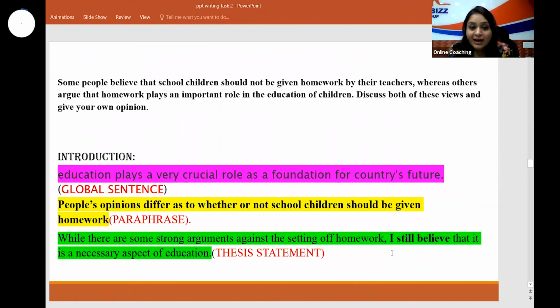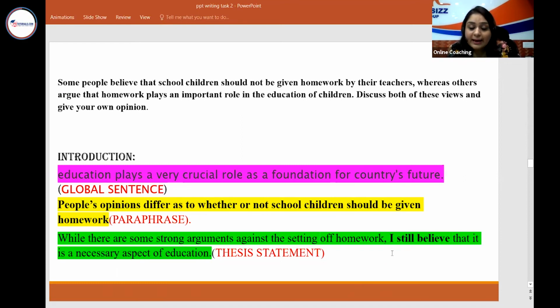This is again a kind of conjunction, and trust me, you have to use conjunctions or linkers, because these words create complex sentences. Try to make your sentences complex, because it is very important to use at least 5 to 6 complex sentences in your essay. This is my paraphrase.